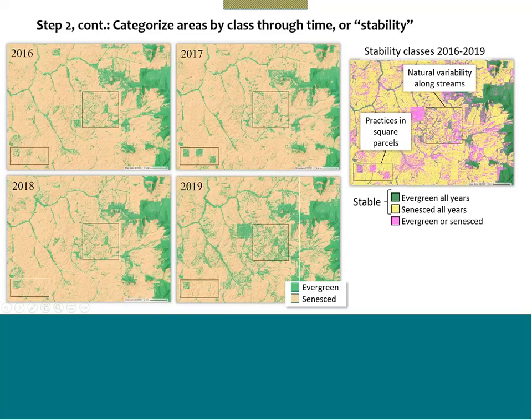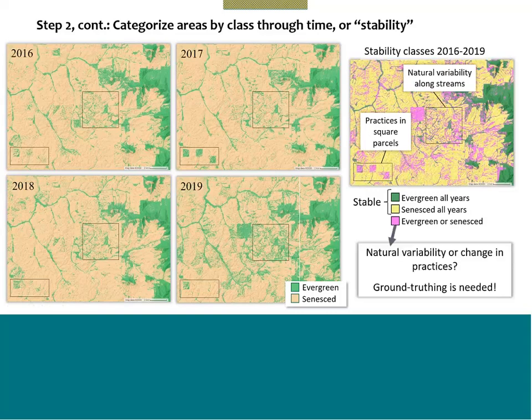And then different management practices in square parcels or circles will really stand out. For example, an irrigated area, if it has different irrigation from one year to the next, you'll be able to see that. And so that really narrows down the areas that we want to look at from a watershed or county level perspective, where we see, okay, let's figure out which areas are due to natural variability and which areas are due to a change in practices.